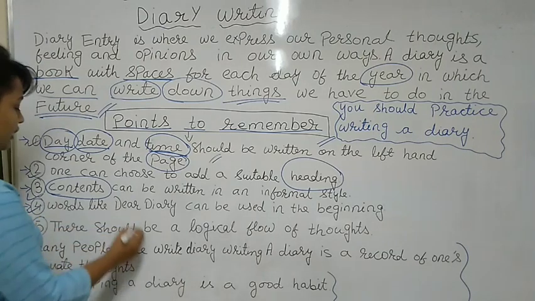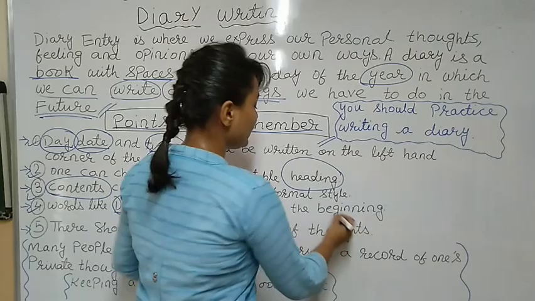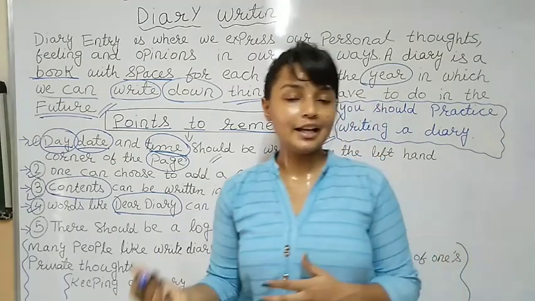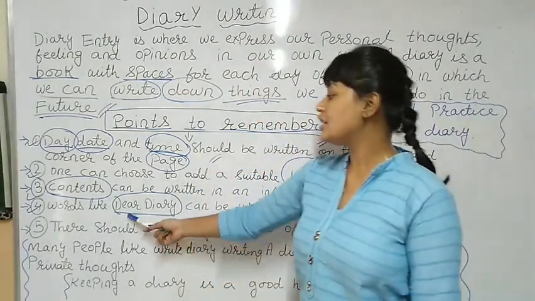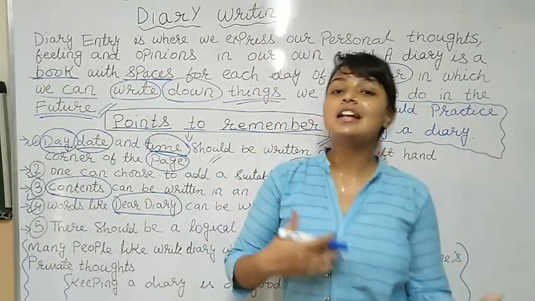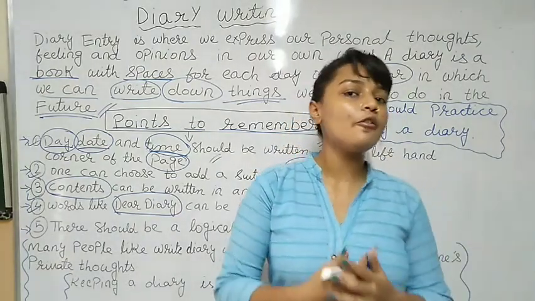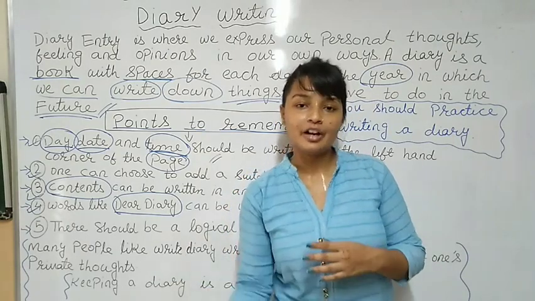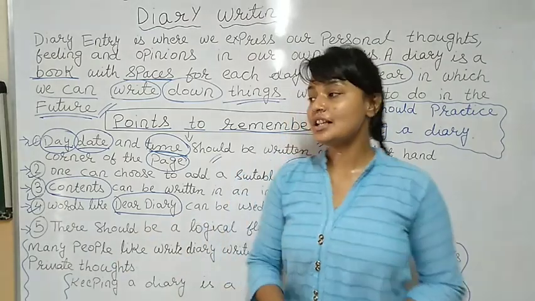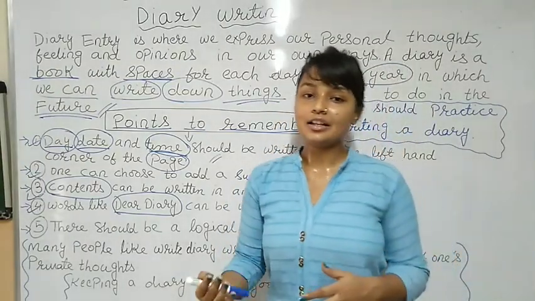Words like Dear Diary can be used in the beginning. Means whenever you start writing a diary, you can write Dear Diary. Means in the first step you can say that you are writing a Dear Diary section, because your dear diary is your friend. While we talk to our friend, like we say, yes, my friend, you are my friend, I will share everything with you. Similarly, students, diary is your friend. Whether to write it is your choice.